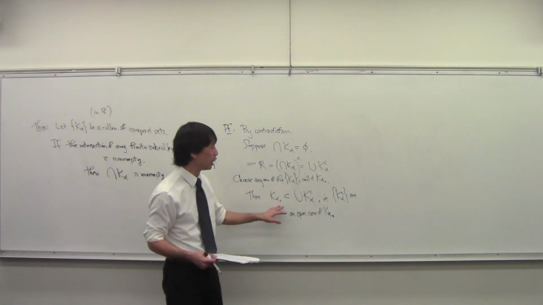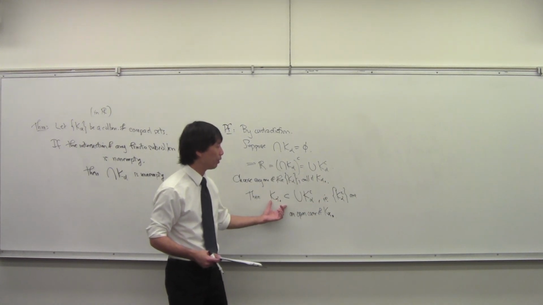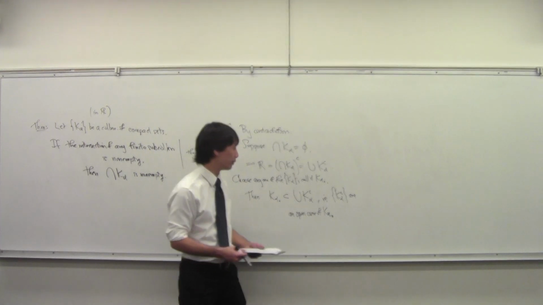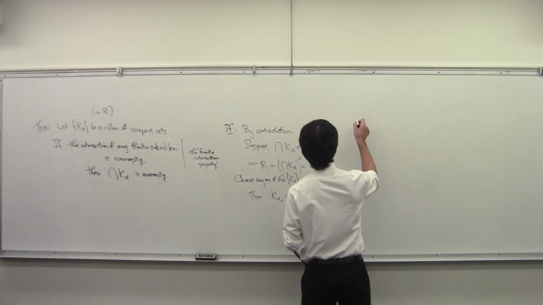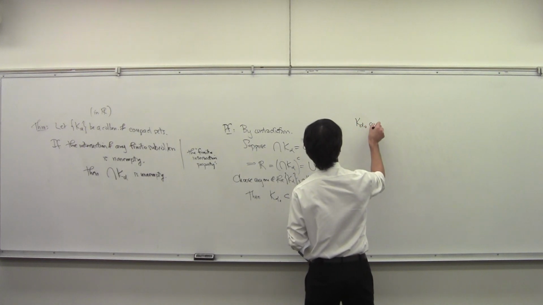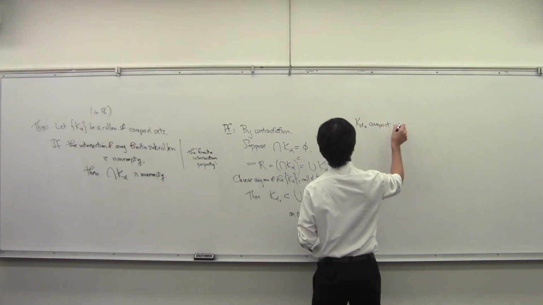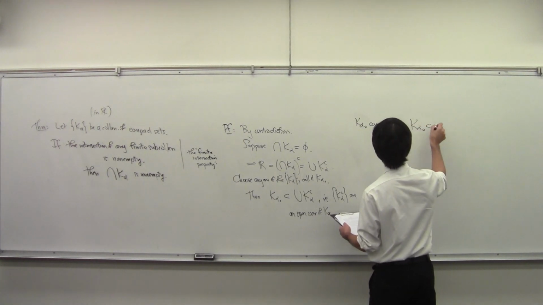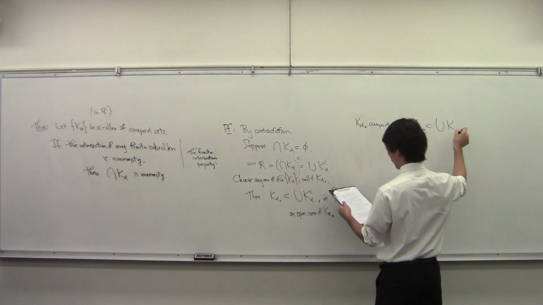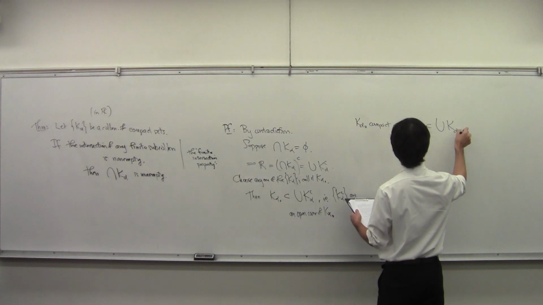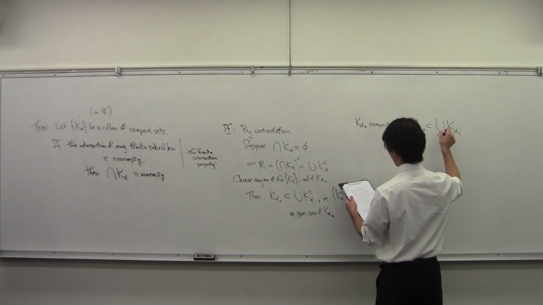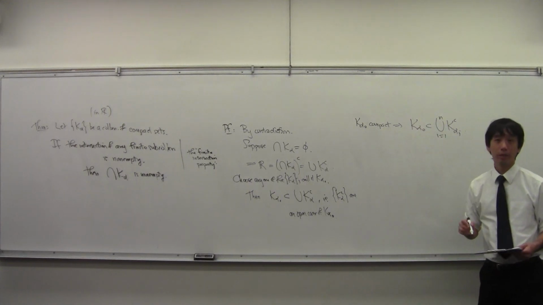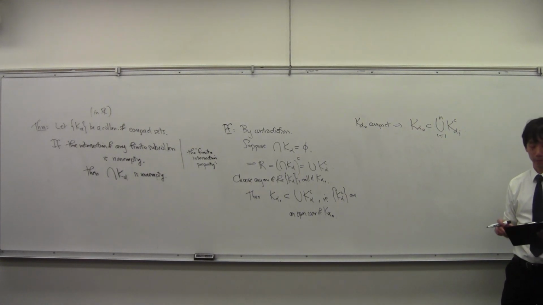But this is an open cover, so there's going to exist a finite subcover. K alpha naught compact implies that it's covered by some finite collection of these complements, K alpha i from 1 to n.